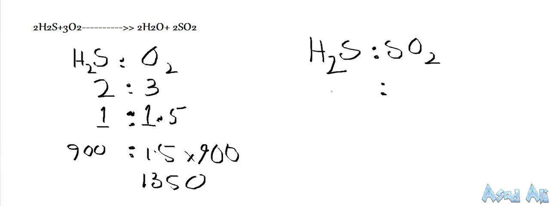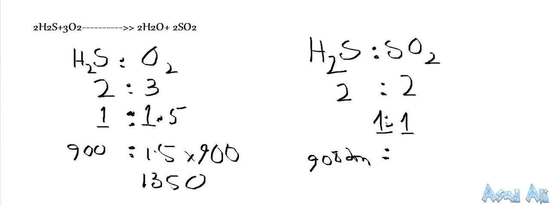Because the ratio of product to reactant is 2:2, we can simplify it to 1:1. So 900 decimeter cube of SO2 will be produced. All these calculations are done.